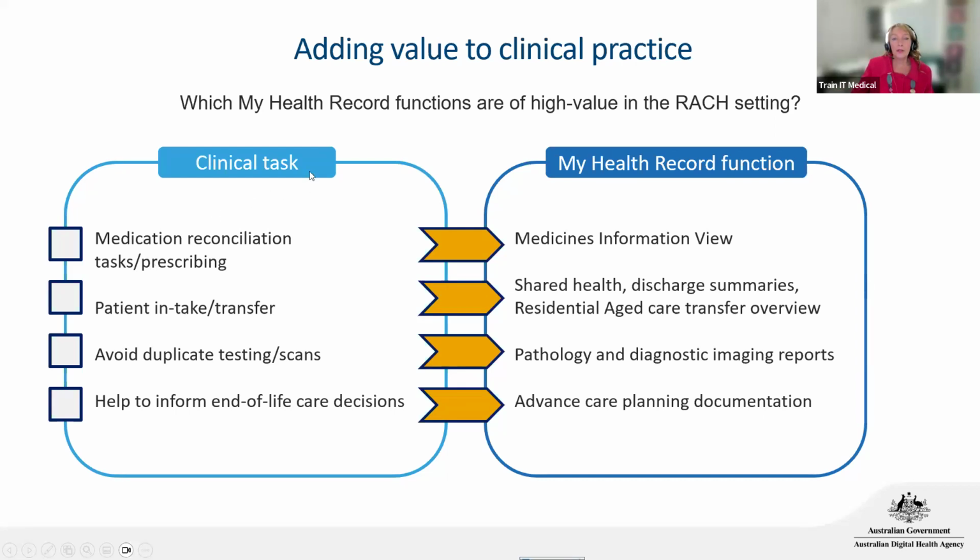So let's have a look at it in terms of a clinical task and then the related My Health Record function. When it comes to medication reconciliation tasks and prescribing, we would go to the medicines view. We're trying to figure out what's being prescribed or dispensed. If we're looking at patient intake or transfer, you need their shared health summary when they come into you.